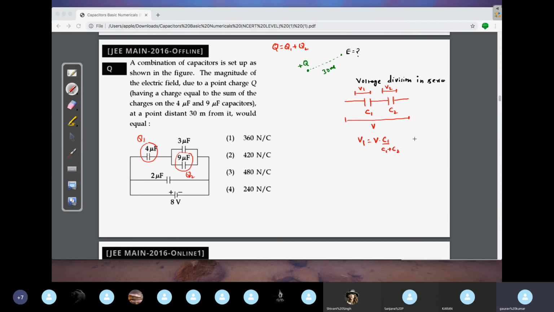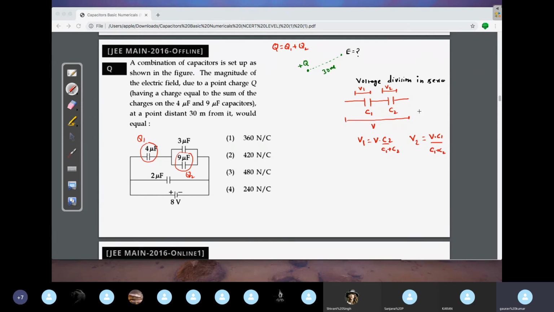Sorry, I got it reversed, this will be C2, not C1. And V2 will be V into C1 by C1 plus C2.